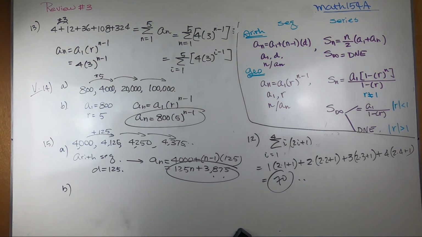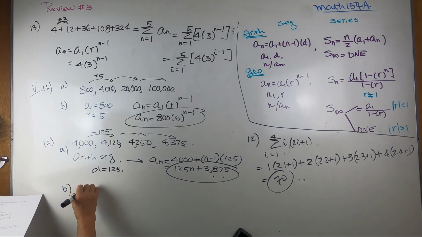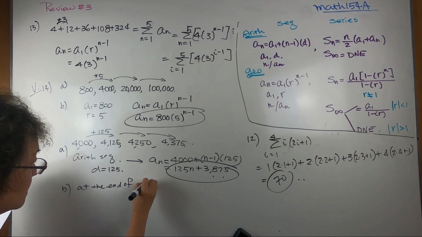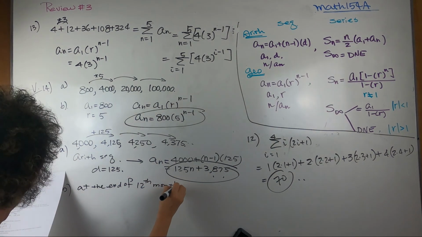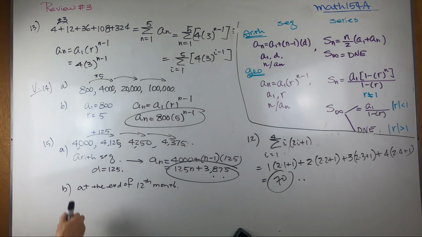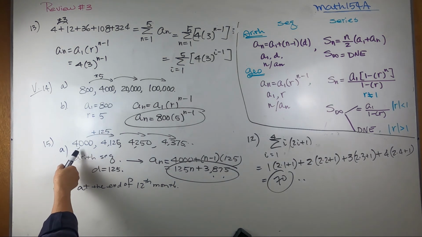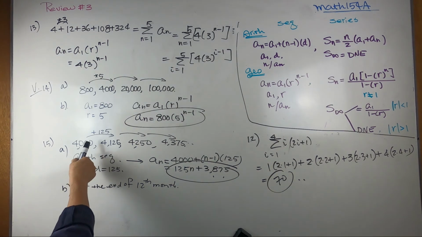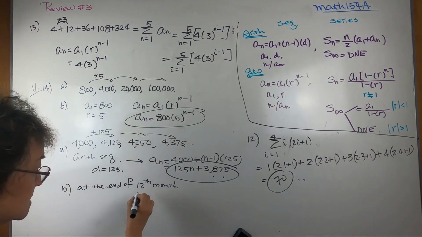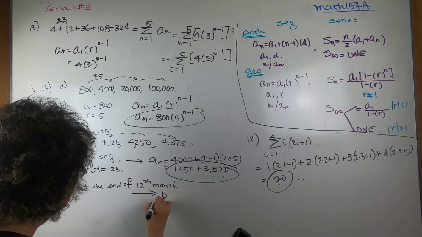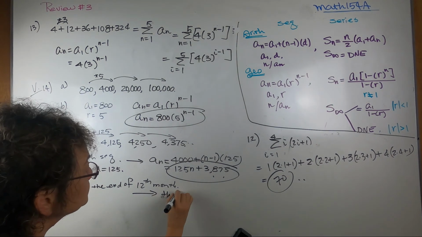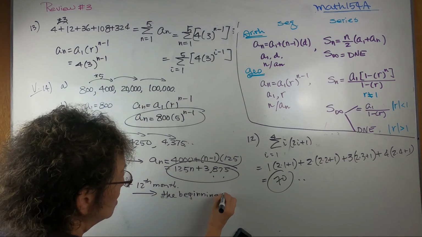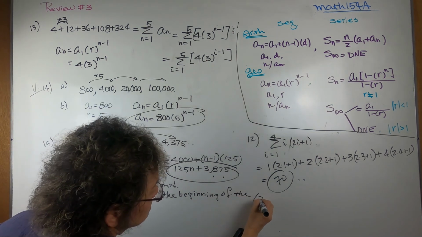So the end of training, so at the end of 12th month, right? 4,000 is the beginning of the first month. So end of 12th month, that's the thing. It will be what? The beginning of the what? 13th month.